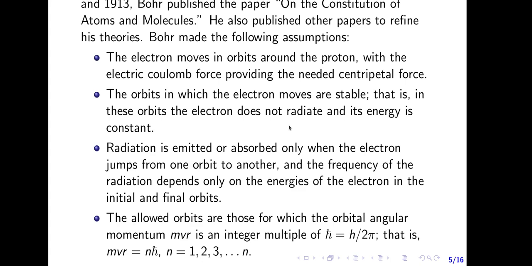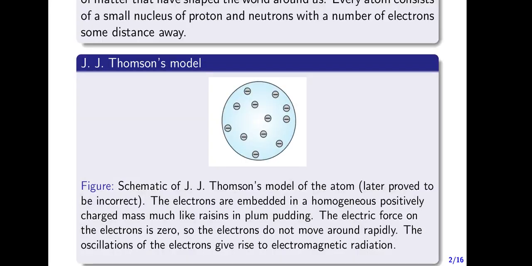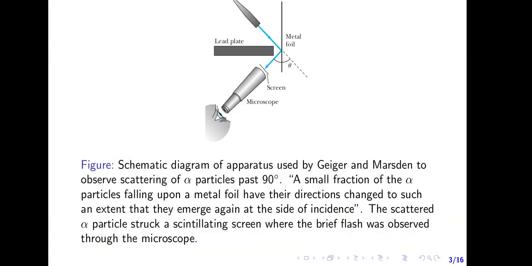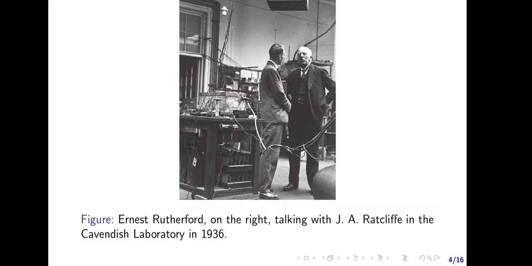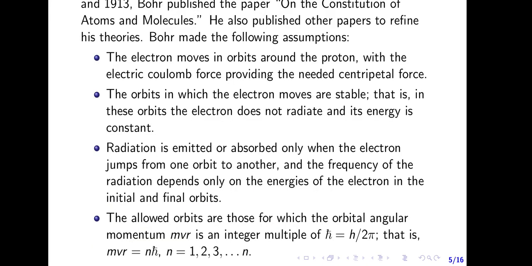Now, we started with Thomson's model, and we said it's an incorrect model, that it's not possible for the electrons to be distributed the way they were in J.J. Thomson's model. And we said Rutherford gave a better interpretation, that the atom is made up of a central nucleus and the electrons revolve around it. But Rutherford's explanation was good, but it was not perfect.